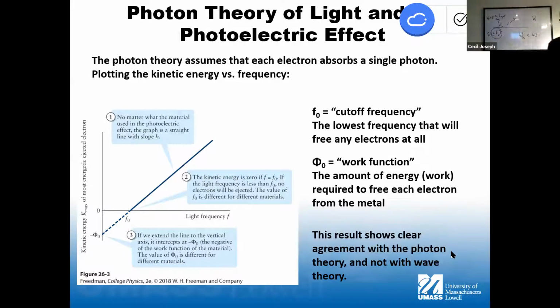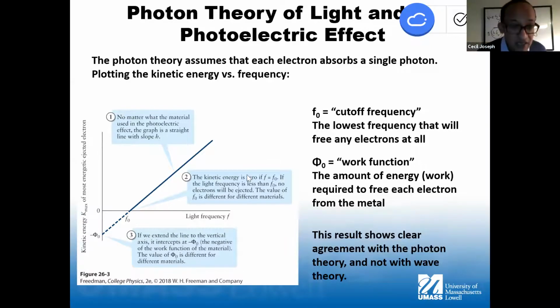So if you take a certain metal and you plot this, it is telling you the kinetic energy of the most energetic ejected electron. We'll come to that later. But remember, in order for there to be a kinetic energy of the most energetic electron, there needs to be an ejected electron.